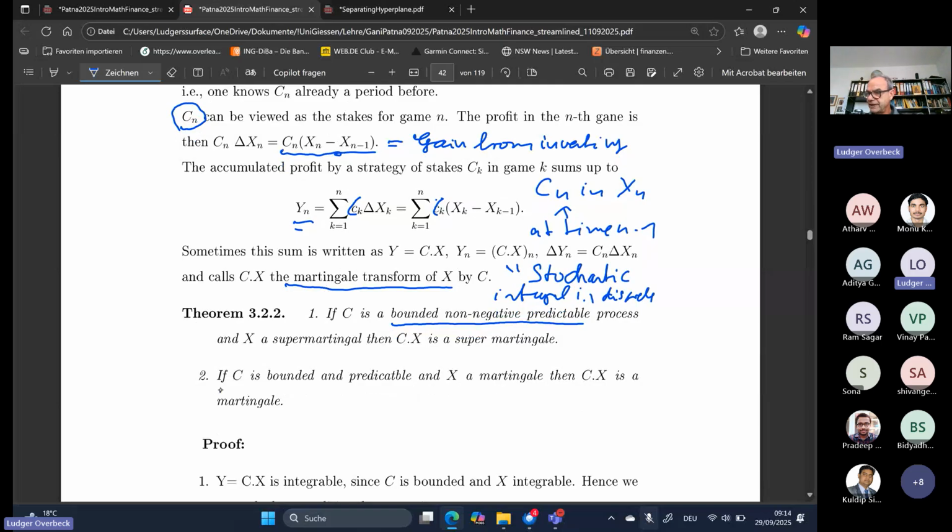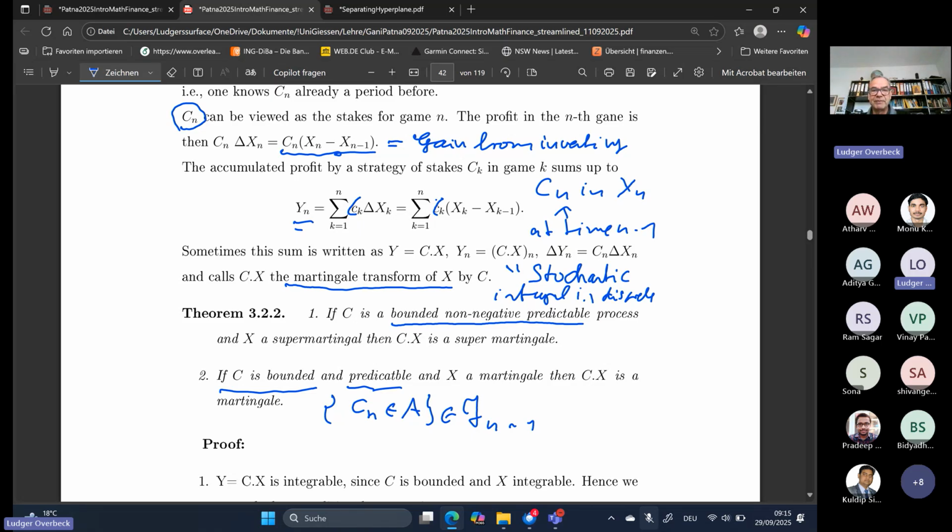If you have a bounded trading strategy, predictable just means that Cn, what I invest, I already know one time before. I have to decide now what to invest. I cannot wait and look at what the value will be tomorrow. I cannot say I would invest this amount in this asset if it goes up. You have to decide it today without knowing whether it's going up or down.